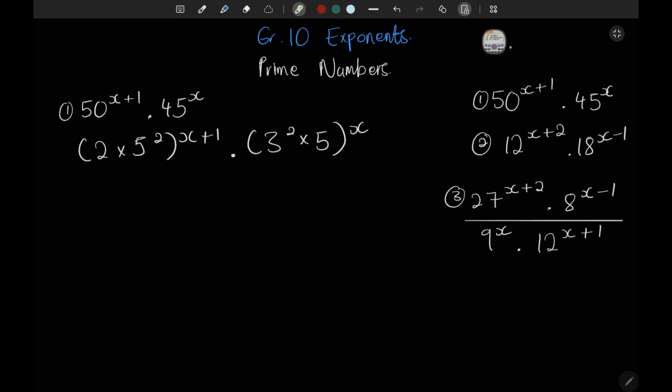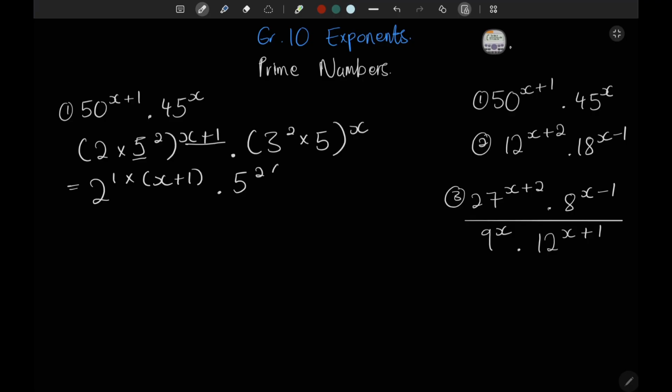So what can we do? We can distribute this x plus 1 into every term that is inside the bracket. It'll be 2 to the power 1 times x plus 1, 2 times x plus 1. Now let's solve this. We have 2 as our base, which is basically 2 to the power 1 times, in a bracket, x plus 1. Times, we have 5 as our base, you write it as it is.